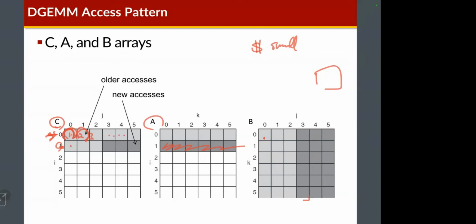But because of the small cache size, this column is evicted and not found in the cache. So this is a miss event, and if access misses in the cache, the performance can be degraded.